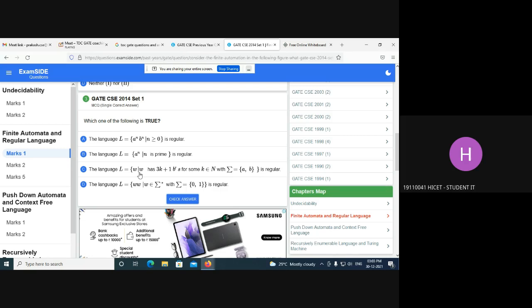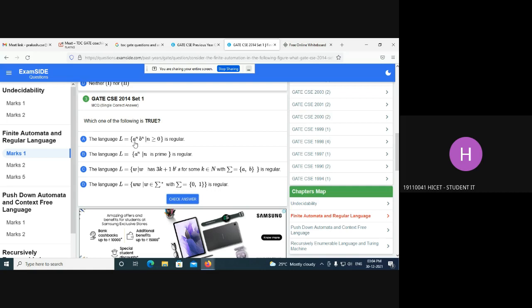Finite automata. Just now I have checked for NFA and DFA. First shortcut is, if you are having more than one variable, it is not regular.